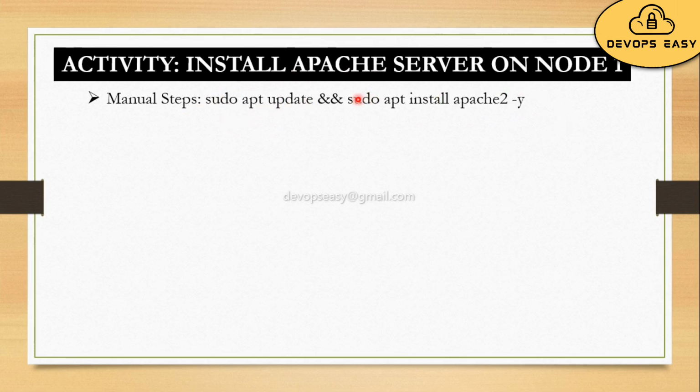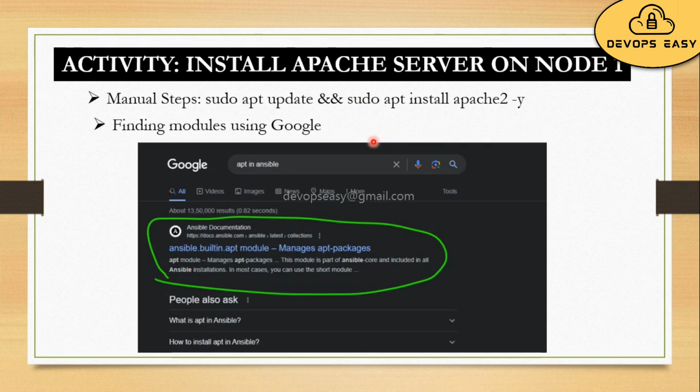In the same way, I want to install this Apache2. Then you need to know the module, so find the module using Google. I just searched apt in Ansible. Then it helped me with the module.